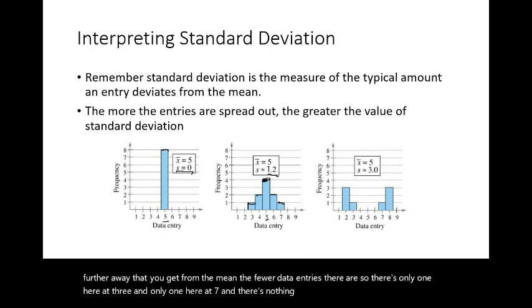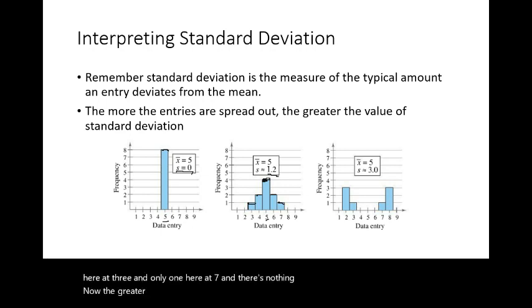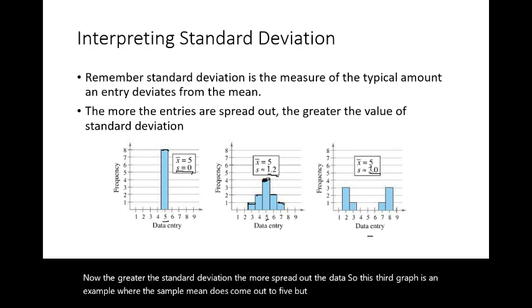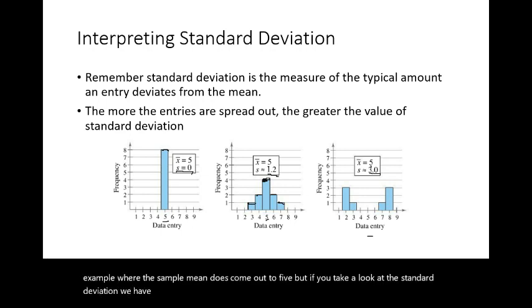Now, the greater the standard deviation, the more spread out the data. So this third graph is an example where the sample mean does come out to 5. But if you take a look at the standard deviation, we have a standard deviation of 3. A standard deviation that high indicates that the data is really spread out. And if you notice, there are absolutely no data entries here at 5.